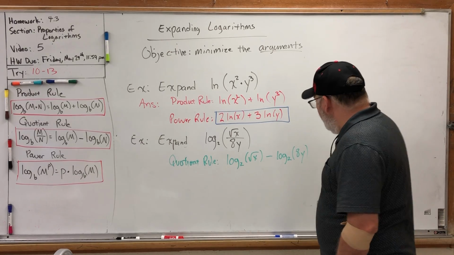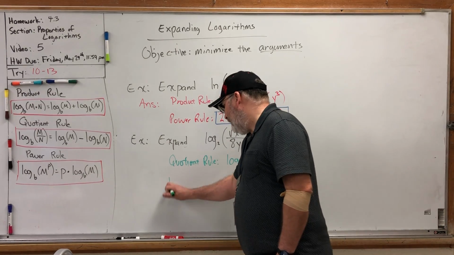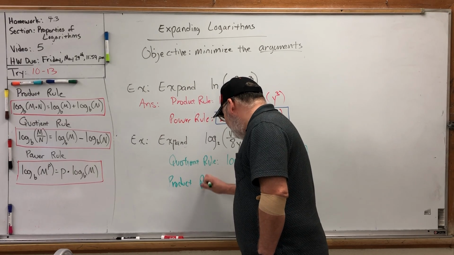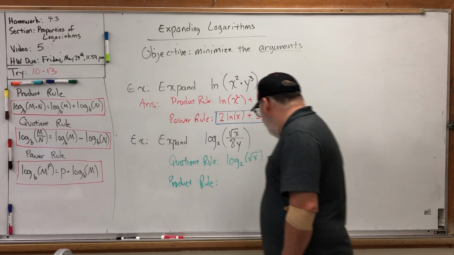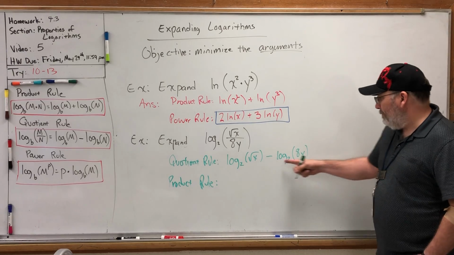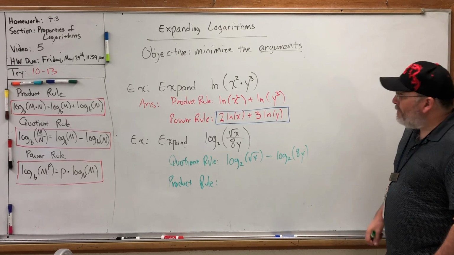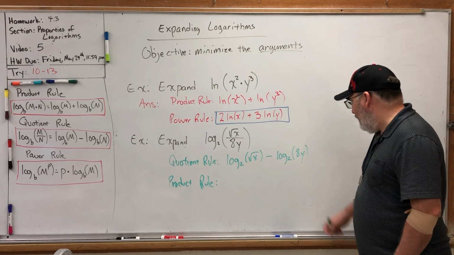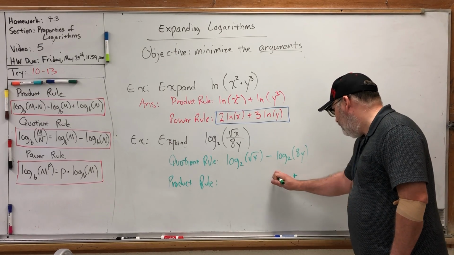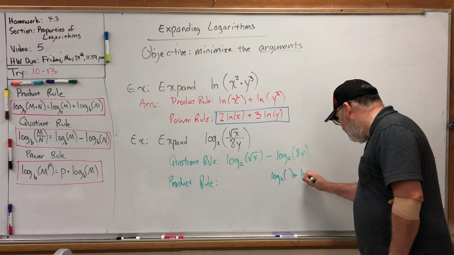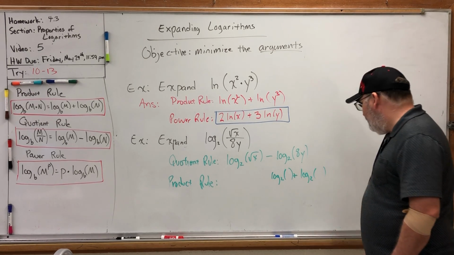We'll deal with the square root in a minute because I want to focus on the product rule next. Because there's a very stealthy trap here. The product rule is going to be applied to this logarithm because it's the log of a product. And the product rule says the log of a product equals the sum of the logs of the factors.